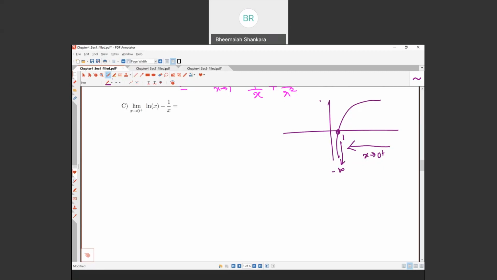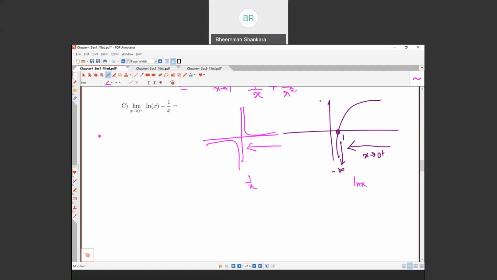Similarly, you want to check the 1 over x graph. This is the ln x graph, this is the 1 over x graph. You have curves which are symmetric about the origin and it does not cross the origin. So when x is approaching 0 from the right, you see that the value of the function is going to infinity.